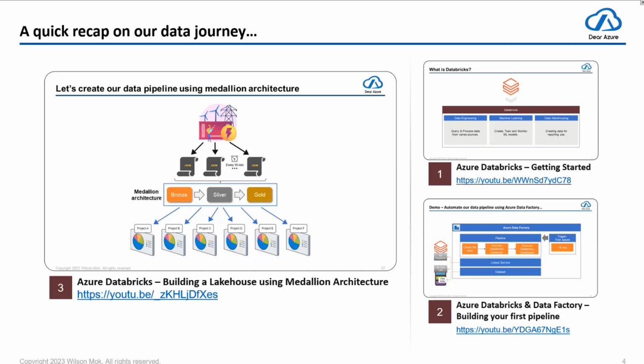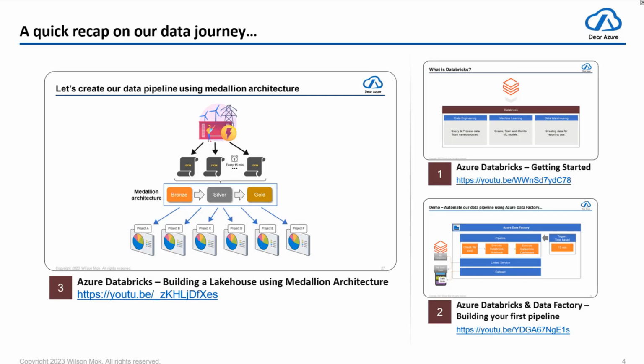With this, we'll jump into recapping our journey so far. As I alluded to at the beginning, this is the final installment. So I want to give a recap of the three other sessions. In the first session, we talked about getting started with Databricks, where we learned how Spark works and how Azure Databricks works in general.